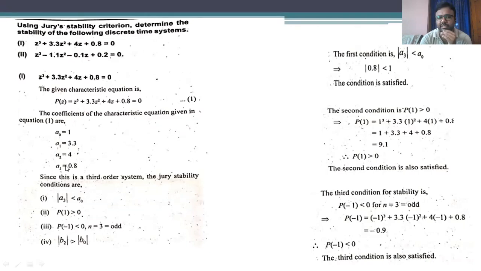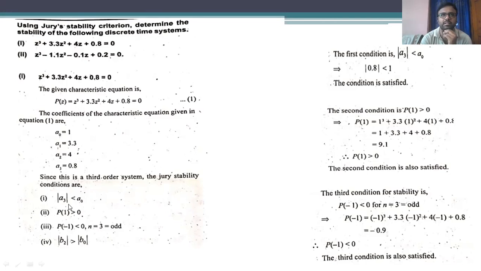a3 as 0.8. The necessary and sufficient conditions to be satisfied are: f of 1 should be greater than 0, and f of minus 1 should be less than 0, because it is an odd order equation. And the n-1 constraints: up to now we have seen a naught should be less than a3, but he has taken the coefficients from a naught to a3 in this order.